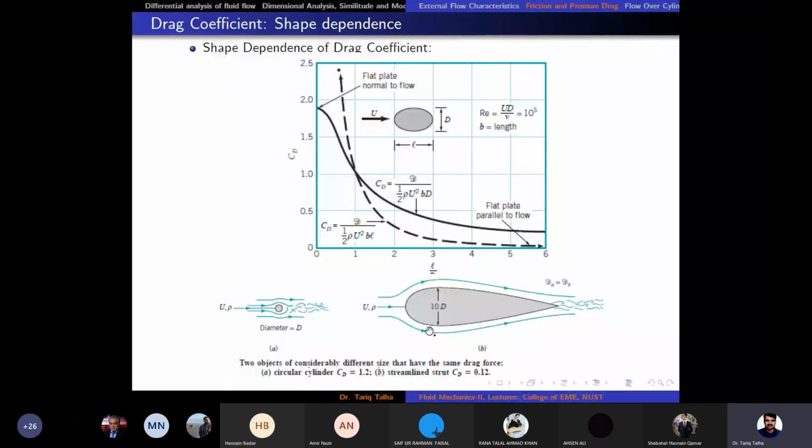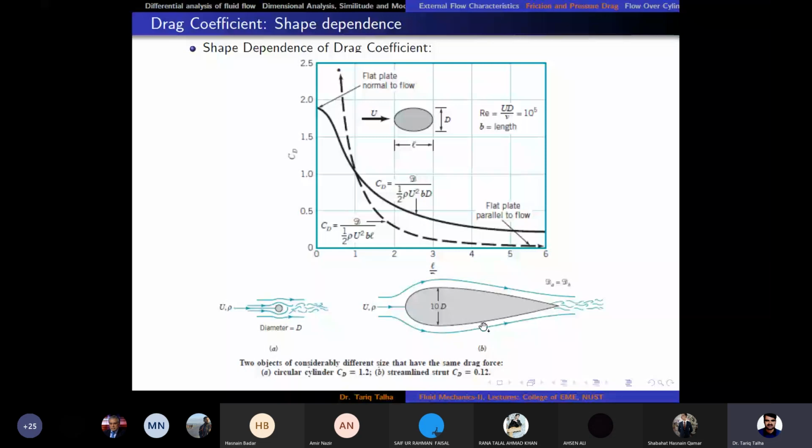Why is that? Because in this case there is flow separation and the Reynolds number is quite high. You can easily see that the drag forces are equal. CD for the cylinder is 1.2 and CD for this aerofoil is 0.12.